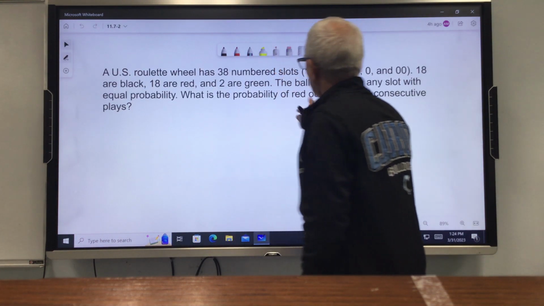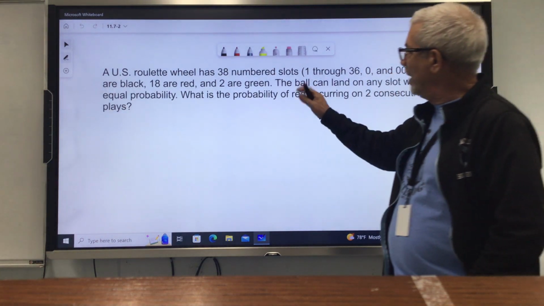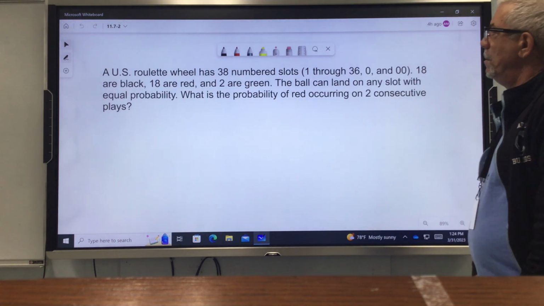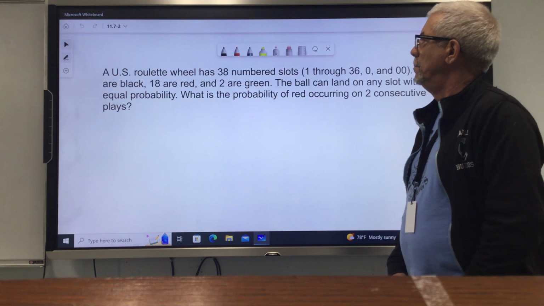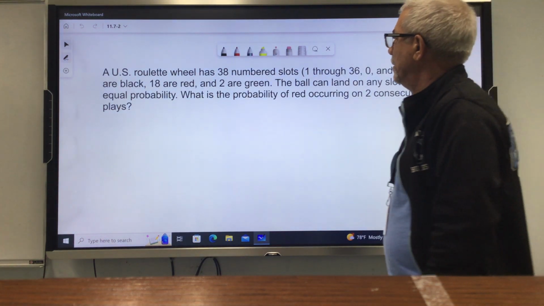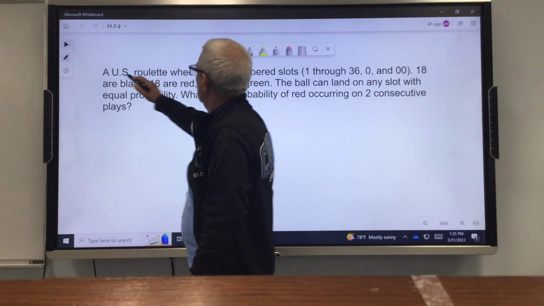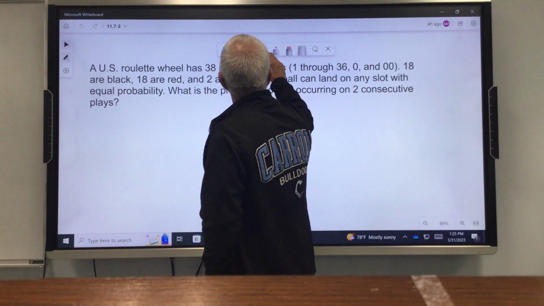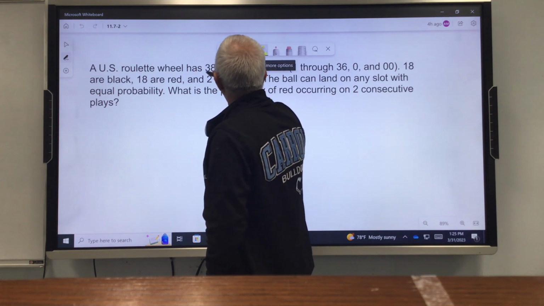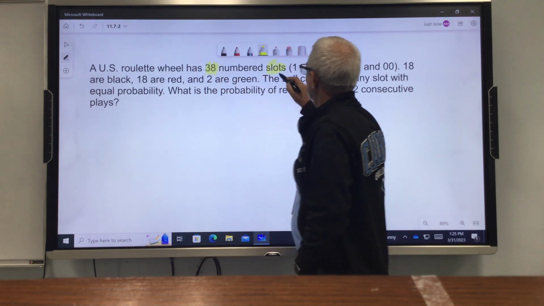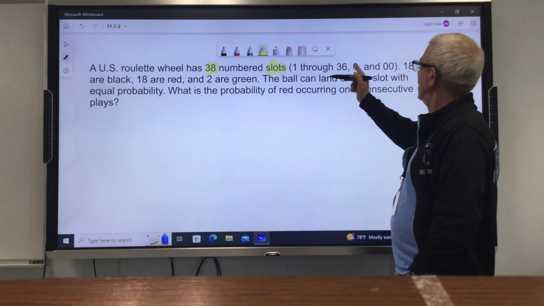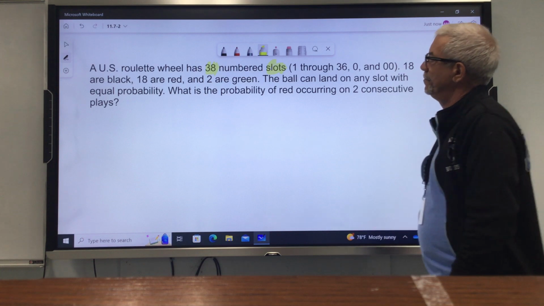Let me give you a minute and a half to try to understand the problem. All right. Then the U.S. roulette has in total 38 slots: 1 to 36, 0 and double 0.